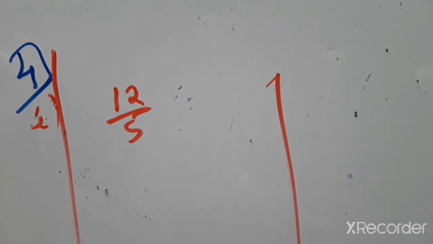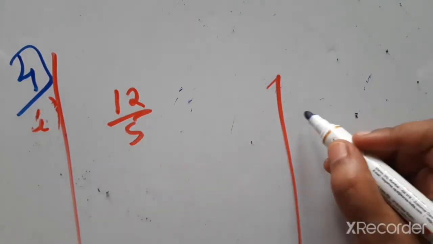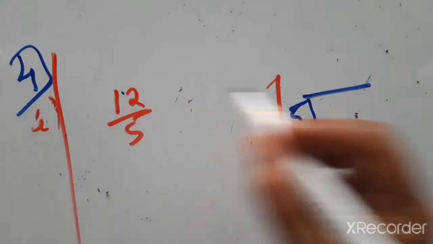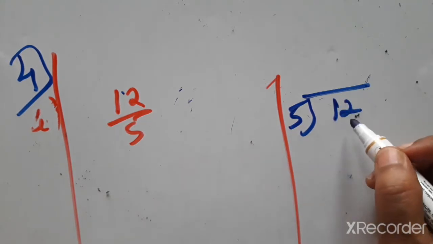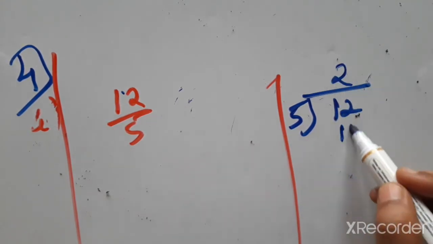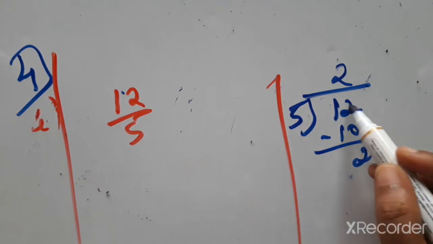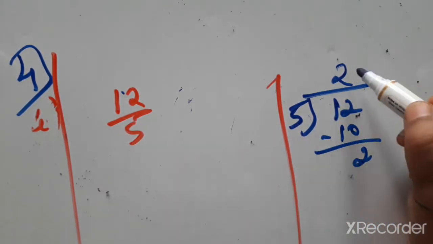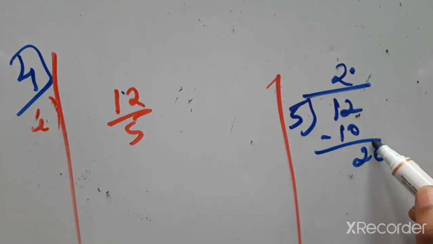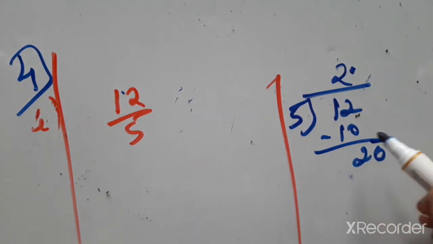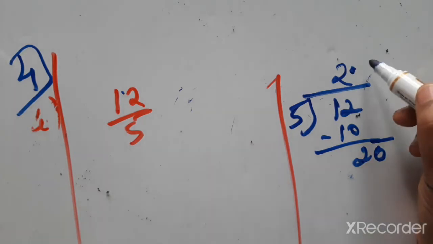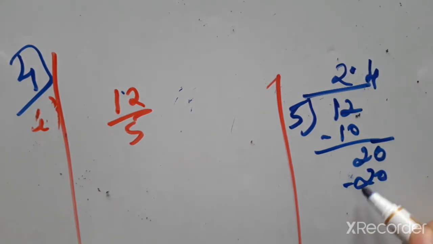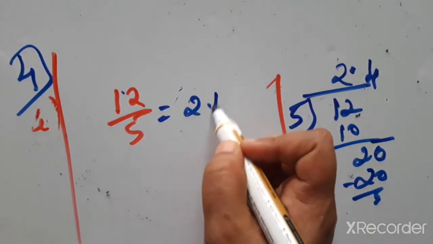We have to write in decimal form, which means divide. 5 divisor, 12. 5 2s are 10. 12 minus 10 is 2. It is less than the divisor, so with the decimal point we can borrow 0. Decimal point is like a banker. 5 how much are 20? 5 4s are 20. So the answer is 2.4.